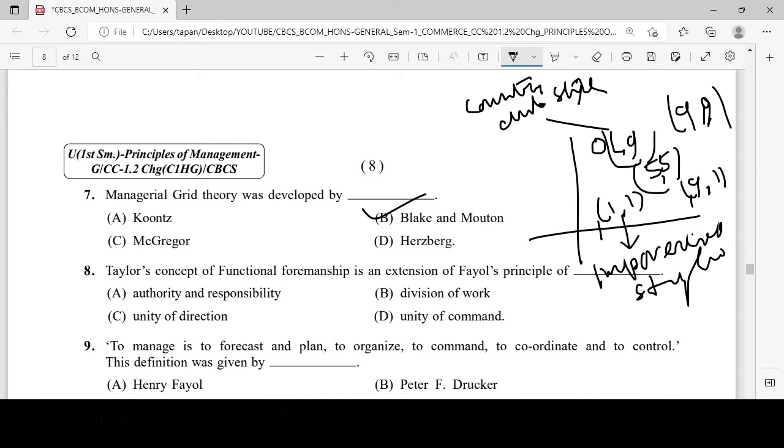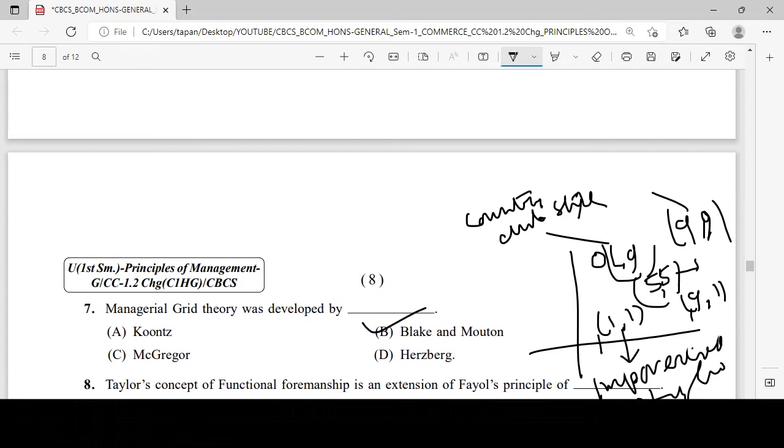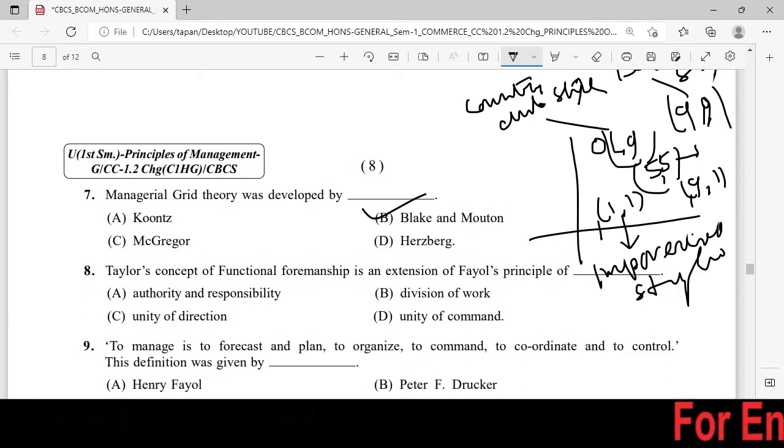And in the middle, 5, 5, is called the middle of the road style, and 9, 9 is team style. Mind it very carefully, team style, a very important part. And the producer style, that is 9, 1.